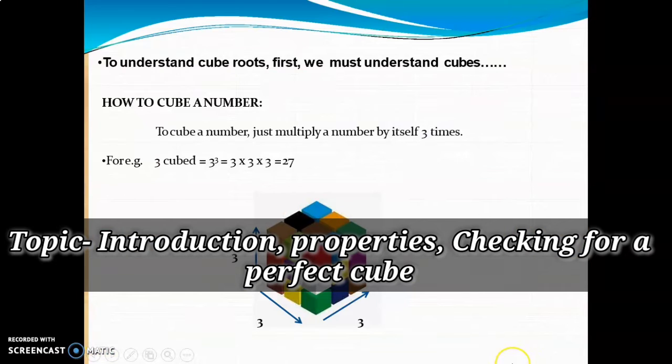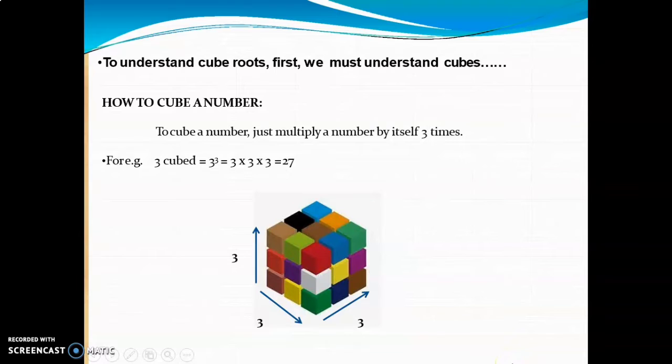To understand cube roots, first you have to understand what a cube is. Here you can see a picture of how to cube a number. To cube a number, you just multiply the number by itself 3 times. That is the definition of a cube.